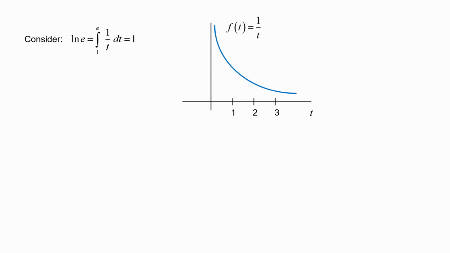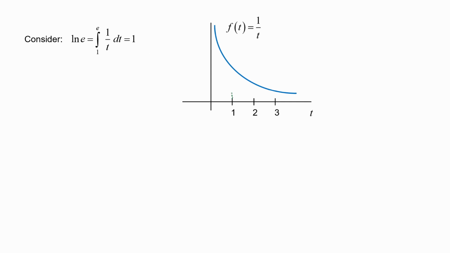Consider that the natural log of e, which we know is equal to 1, but now let's look at it in terms of the integral definition, where natural log of e is the integral from 1 to e of 1 over t dt. So e is the x value such that the area under this curve is equal to 1.